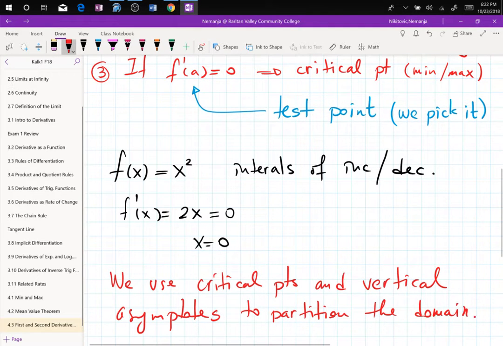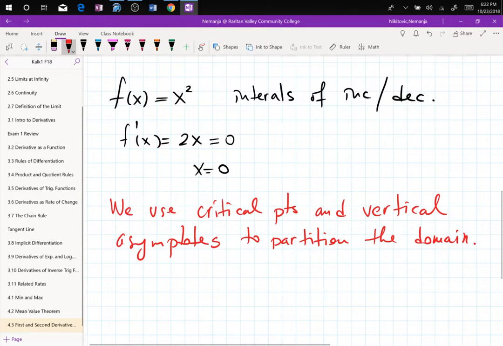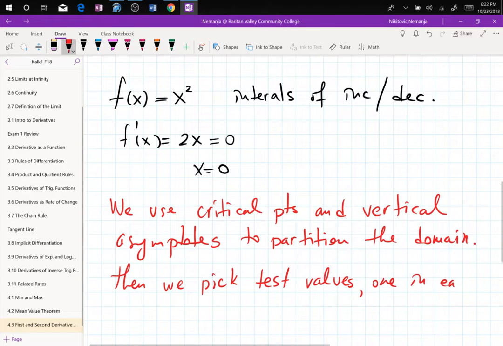Means nothing yet, but then we pick test values, one in each partition.